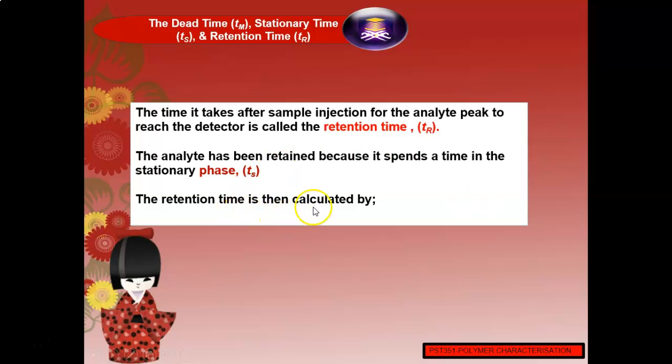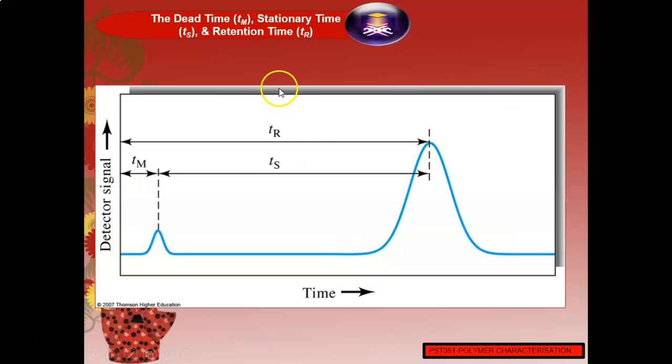The retention time is then calculated by, okay, you need to be familiar with this formula. So the retention time is given by dead time plus stationary time. Okay, if you are asked to calculate the retention time TR, it is TM, which is dead time, plus stationary time.